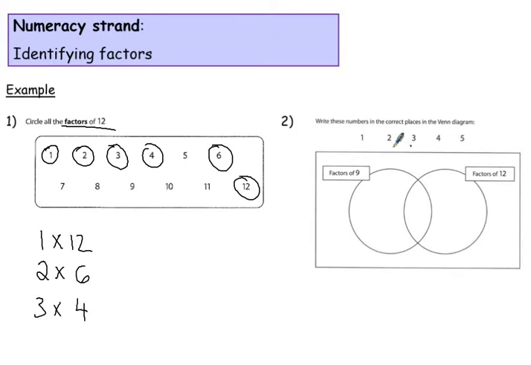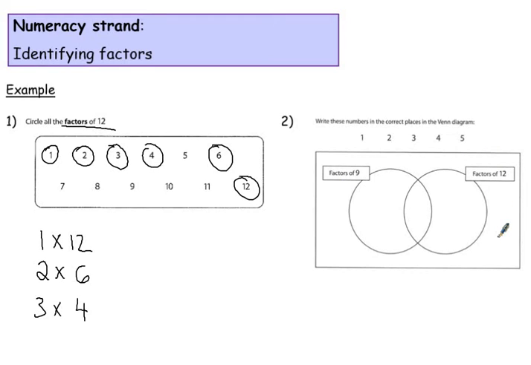If any of the numbers is a factor of both 9 and 12, it will go into where the circles overlap. Now, if any of these numbers is neither a factor of 9 or a factor of 12, then they go outside the circle, but they have to stay within the box given.